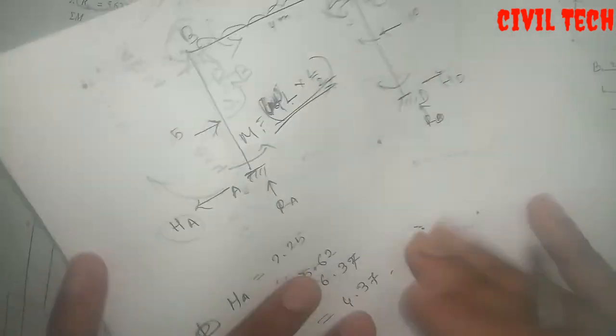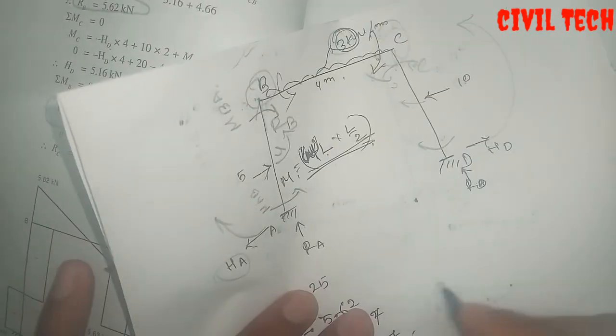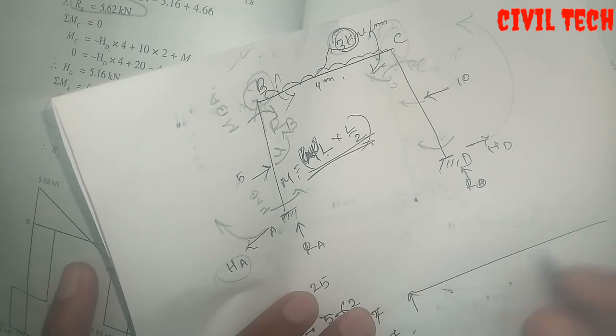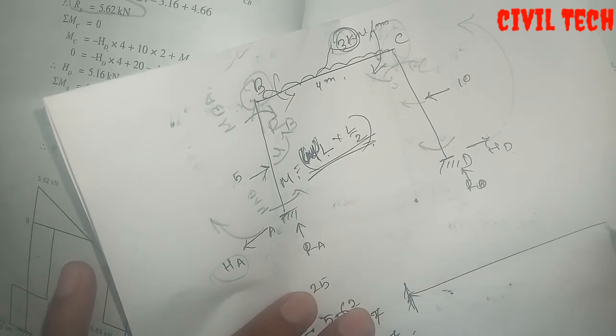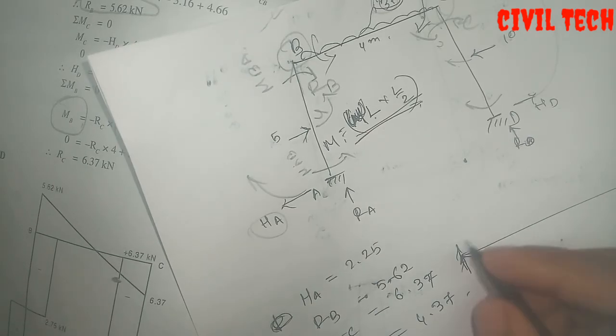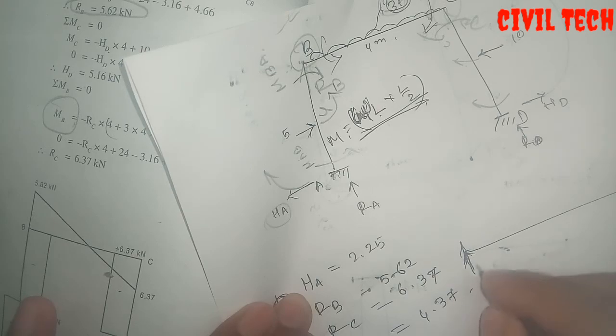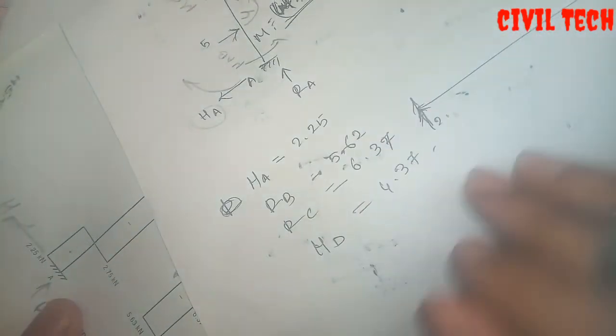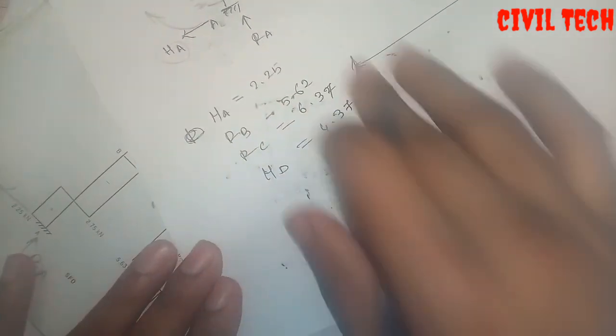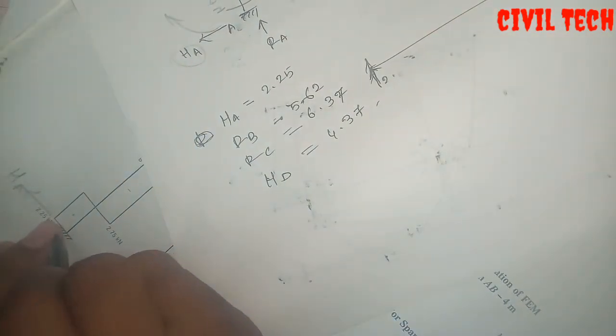So our figure is this one. For understanding, I am showing it here. AC means this value, almost 2.25. See here, it is going positive, upward, 2.25.